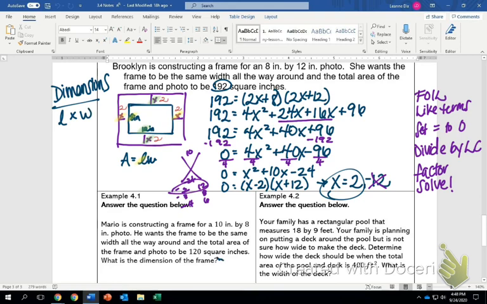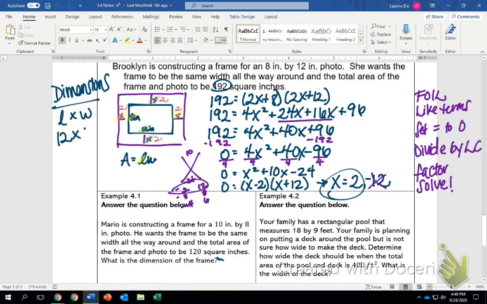So my length is going to be, again, that 2 plus 8 plus 2. Well, 2 plus 8 is 10, plus 2 again is 12. So this is going to be a 12 by, and I'll do the same thing again for my width. 2 plus 12 is 14, plus 2 again is 16.